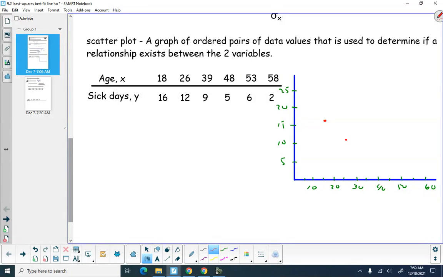At 39, I use 9. At 48, we use 5. At 53, we use 6. And at 58, we use 2. So basically what we get is what is called a scatter plot.